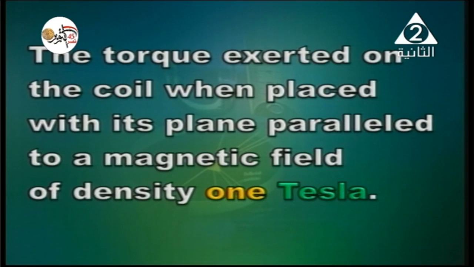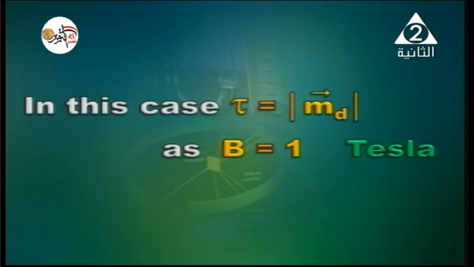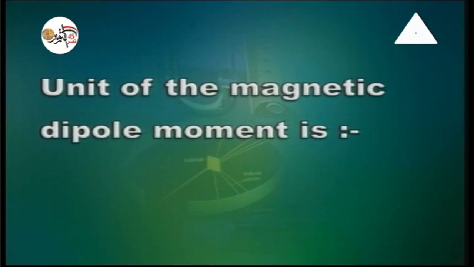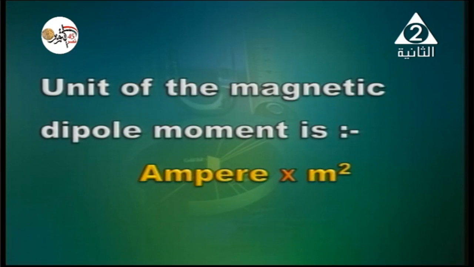It is the torque exerted on the coil when the coil is placed in the horizontal position, with its plane parallel to the magnetic field, but the field should be of 1 Tesla in intensity. So we can say the torque will be numerically equal to the magnetic dipole moment when B is equal to 1 Tesla. The unit of magnetic dipole moment is ampere meter square.